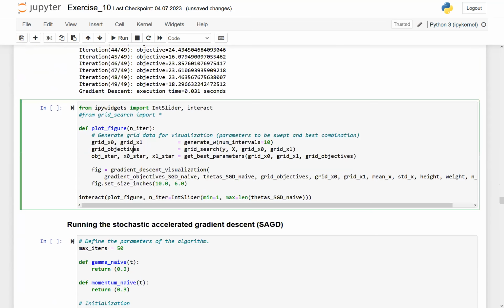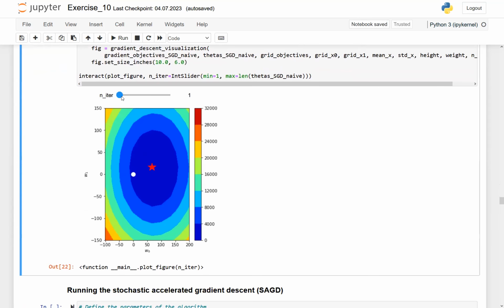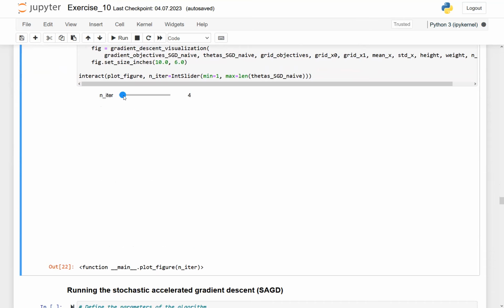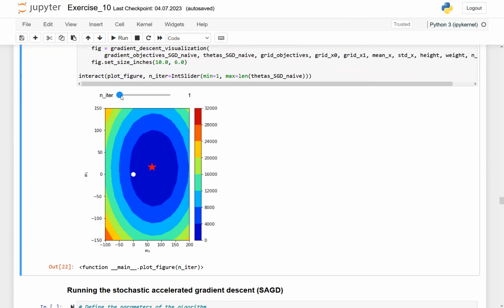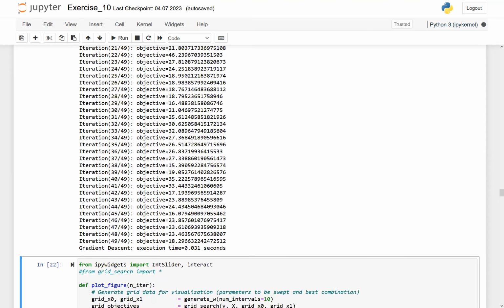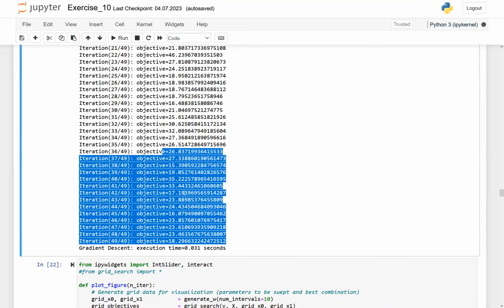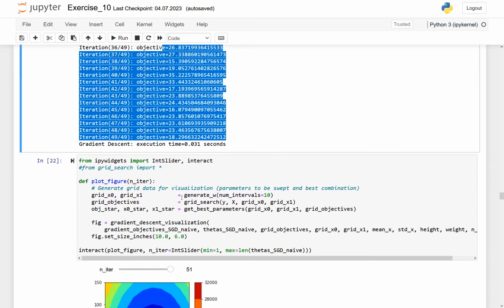Yeah, so some values. Let's have a picture. What is going on? Oh, we see it's first going away, and then at one point it's doing a very good step, getting closer, but then it might happen that it's going around this minimum and not stopping at some point, but rather fluctuating around some objective values which are close to optimal but perhaps not optimal.